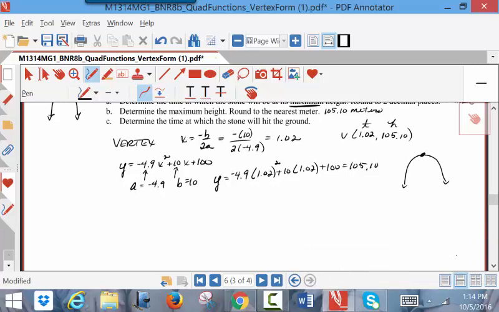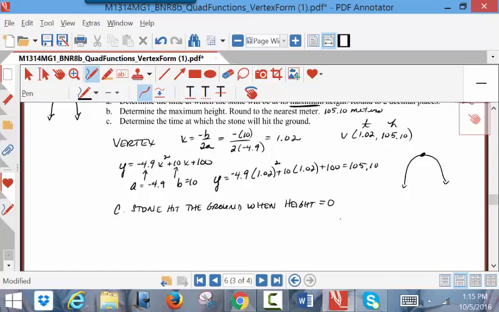Okay, so when we're talking about the stone hitting the ground, okay, I'm recording again. When we talk about the stone hitting the ground, the stone is going to hit the ground when the height equals 0.